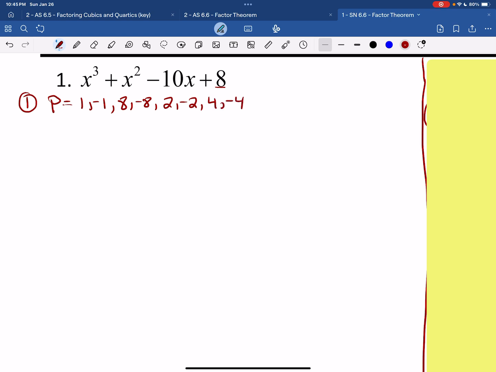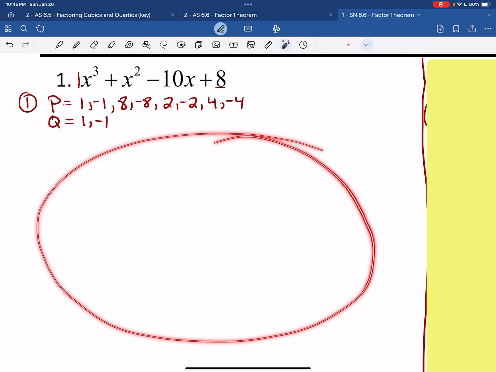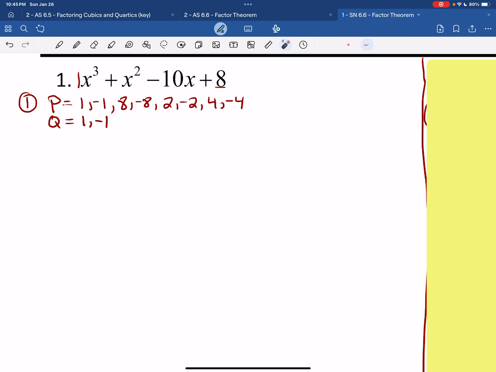Those are all the factors of 8. Next, I'm going to find the factors of q, which, since q is 1, is just 1 and negative 1. Before I forget, understand that we are going to be using all of this space, so don't write too big because we've got a lot of work to do.